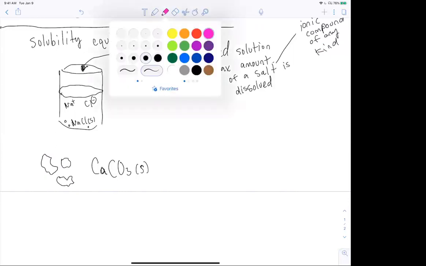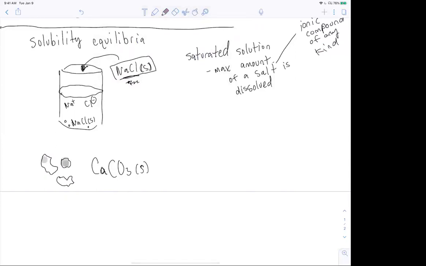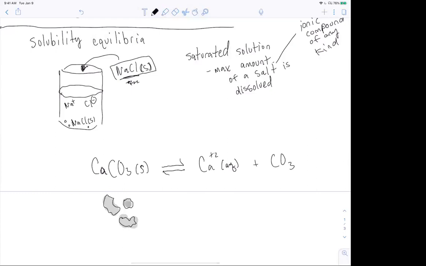So I've got this calcium carbonate that's a solid, and I'm going to put it into a glass of water. And now we're going to see that it's not very soluble, but there is a teeny tiny amount that will go into solution.